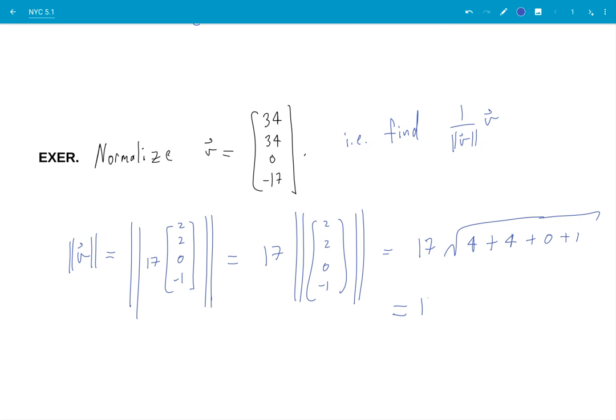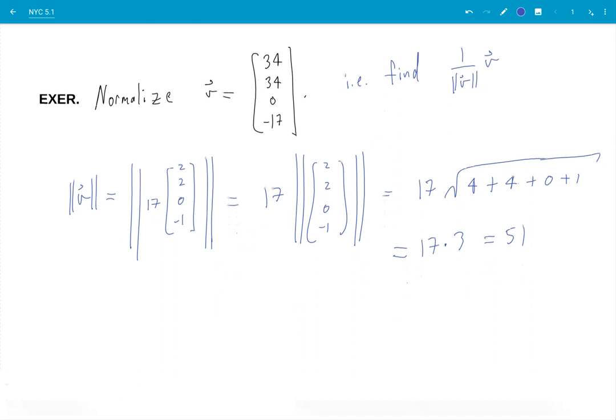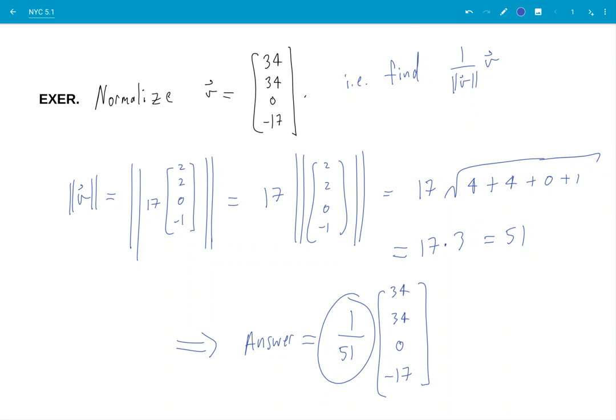We get 17 times 3, which is 30 plus 21, 51 units exactly. Therefore, the answer I want here is 1 over 51 times the original vector v. And it's usually best to leave this out front.